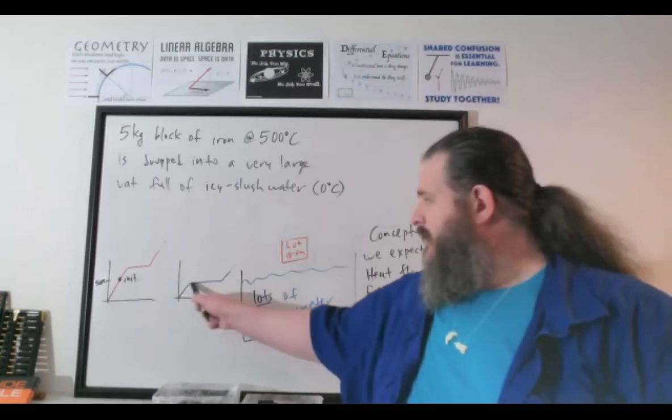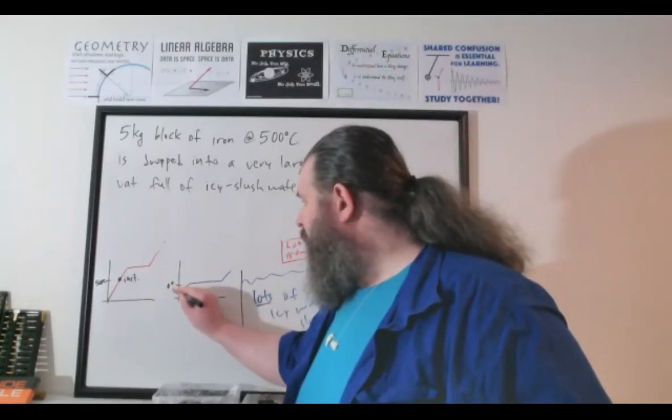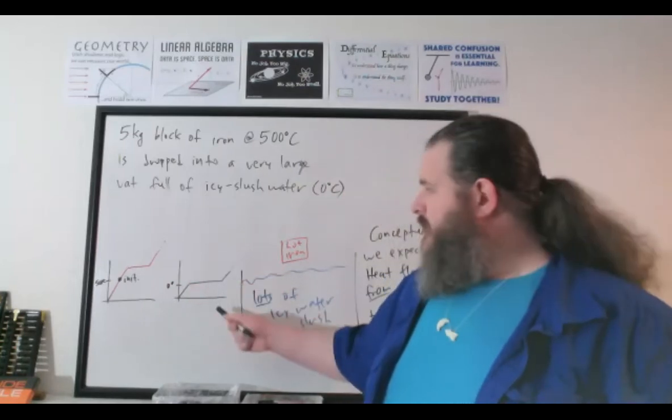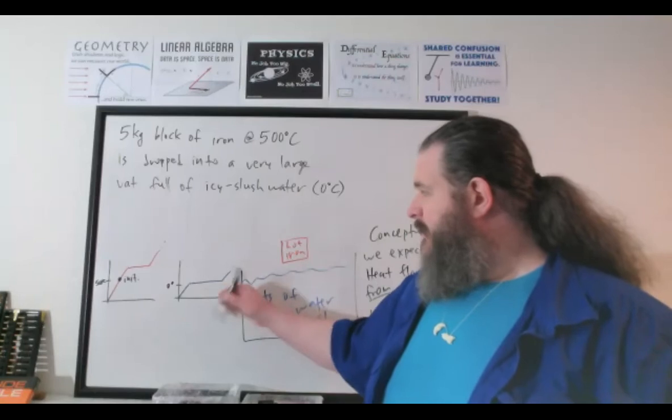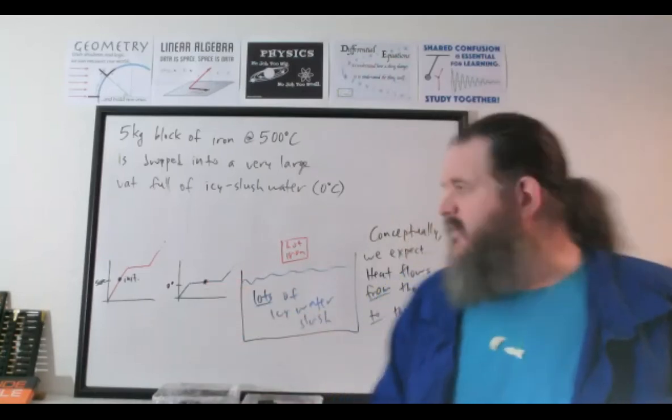Yeah, it's on this horizontal line, specifically the horizontal line at 0 degrees, representing the transition between all solid and all liquid. Since it's not all solid and it's not all liquid, it's going to be somewhere in between. We don't really know exactly where in between, but somewhere in between there.